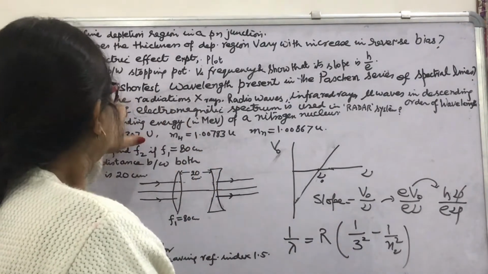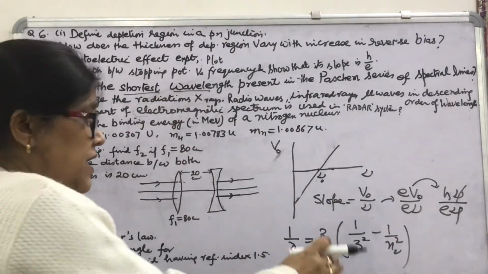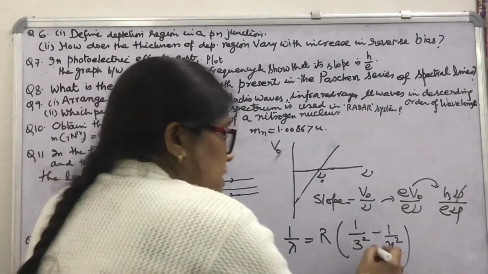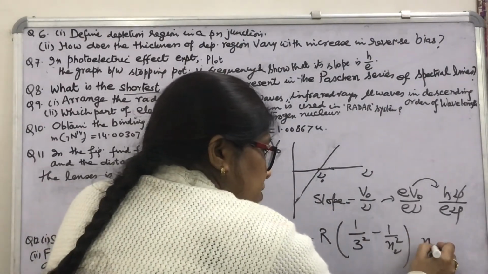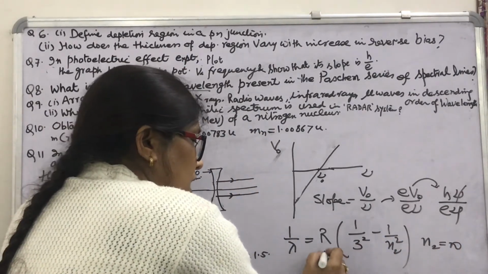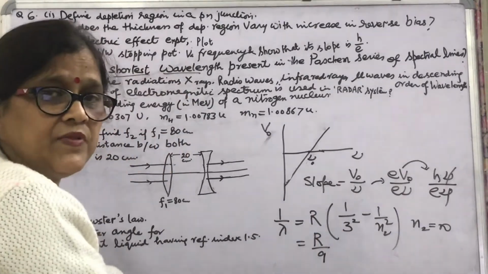And the shortest wavelength means that n2 will be infinity. So in this expression n2 will be infinity, then what will you get? Simple, this R upon 9. Will you get or not?